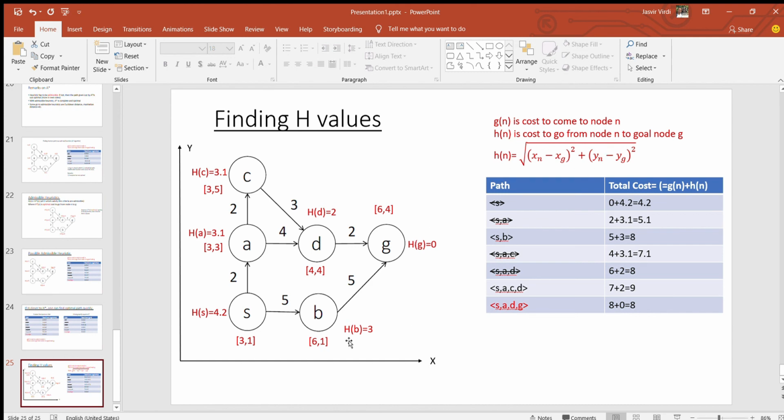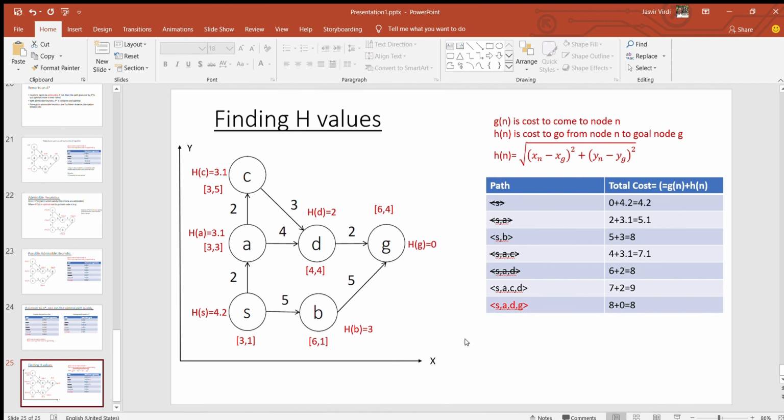And moreover, you can also observe that the H values satisfy the admissibility criteria. That is, the H value at node N is always less than or equal to H star of N. So again, if you apply the A star algorithm, you can observe that you'll get the optimal path SADG after doing all the steps.